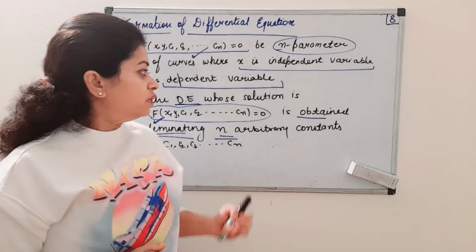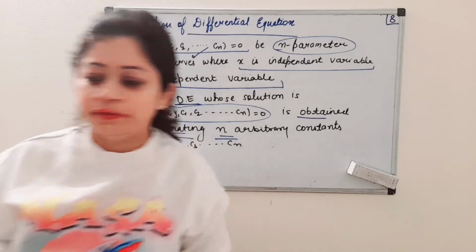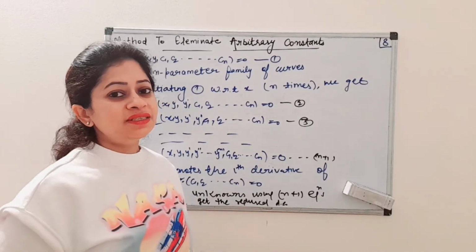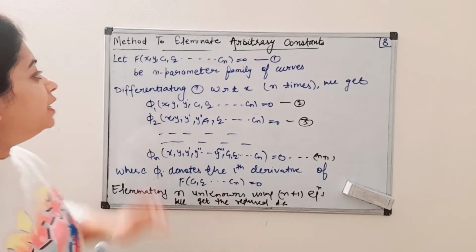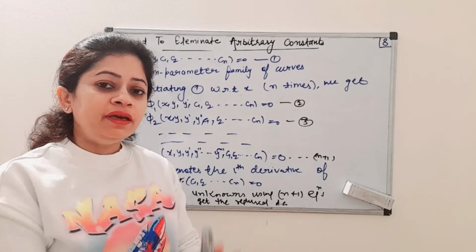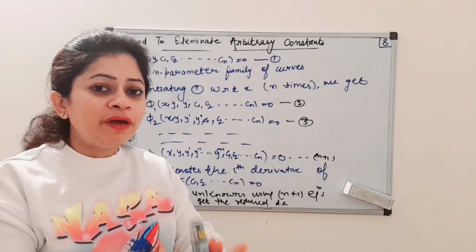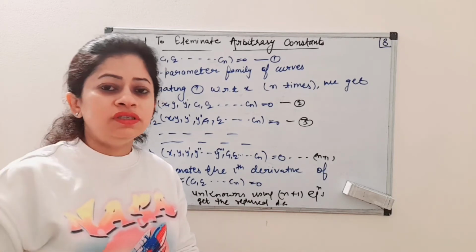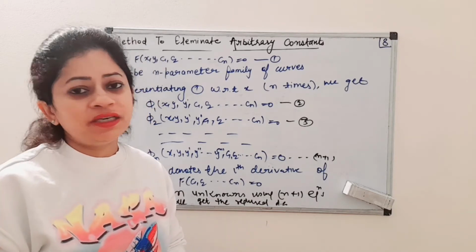So let's come to the method now. So here comes the method of eliminating arbitrary constants. Suppose you have a solution, a family of curves, whether with one constant, one parameter or two parameters and so on.